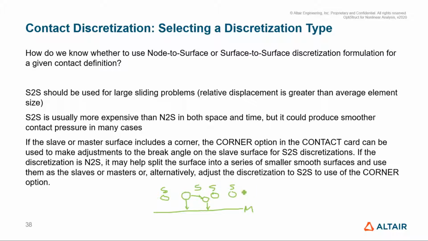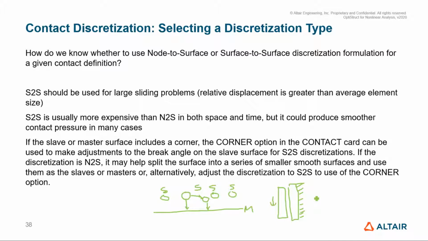The second rule you can follow is that a moving object is defined as slave. Imagine you have two plates close to each other, one static and one moving. Normally the moving one we define as slave, and the static one will normally be defined as master.